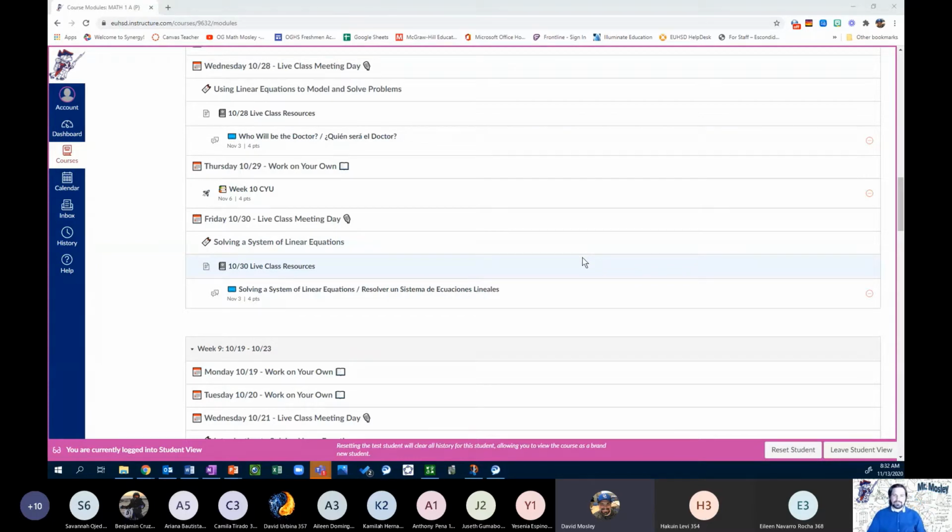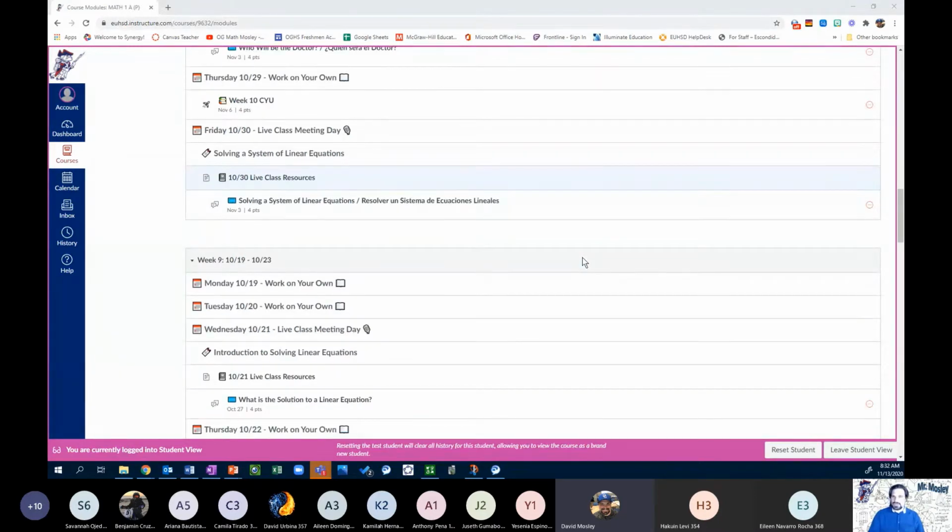So keep those things in mind. Also, the discussion boards I use, I think I have them at 15% of your grade. The self-assessments are worth a larger proportion of your grade, right? So getting those turned in can have a larger impact on your grade than getting a bunch of discussion boards turned in.